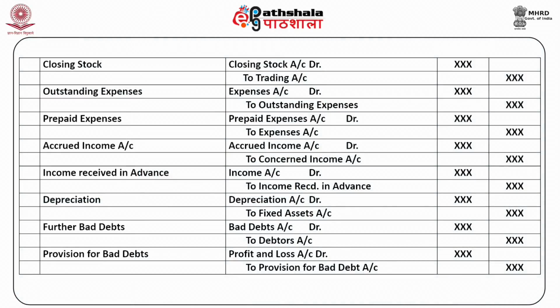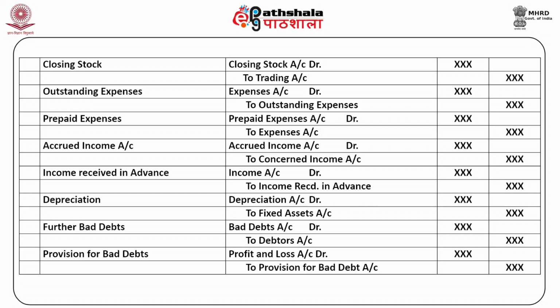Now, some of the examples are: 1. Closing stock account is debited to the credit of trading account. Outstanding expenses, expense account is debited to the credit of outstanding expense. Prepaid expense account is debited to the credit of expense account. Accrued income account is debited to the concerned income account.